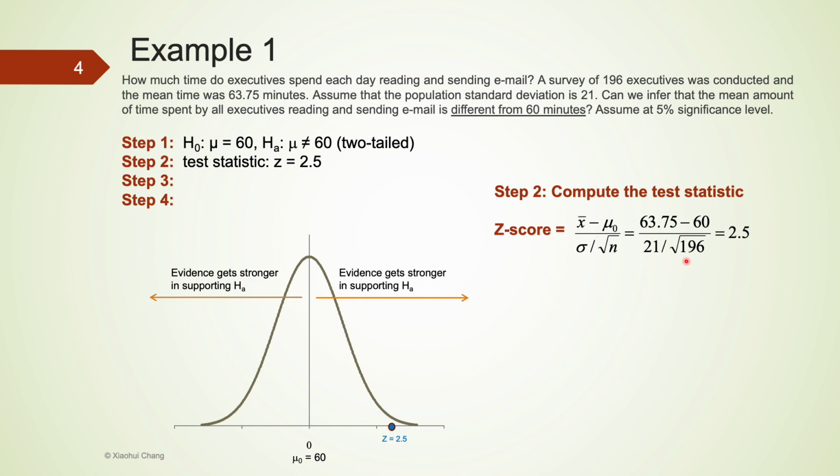After plugging all the numbers into the formula, we get a z-score, a test statistic, of 2.5. We can also label the 2.5 on our bell curve as you can see here. So that's a 2.5 z-score, and now it is right here, a z-score of 0 or 60 minutes, depending on which scale you are referring to.